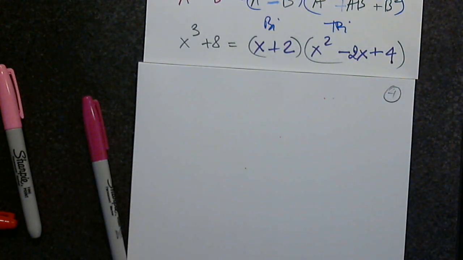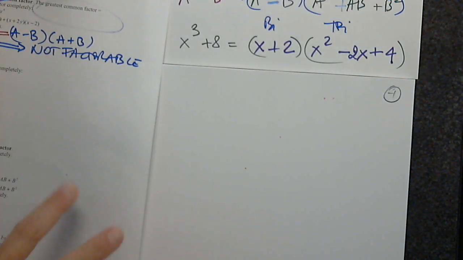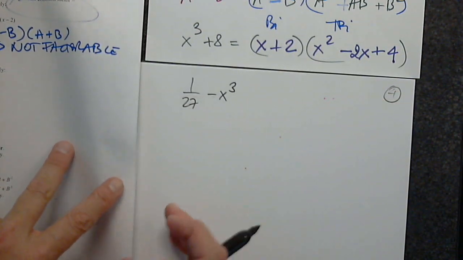Okay, so let's look at and finish up binomials. Let's go back to the handout. And let's choose 1 over 27 minus x to the third.